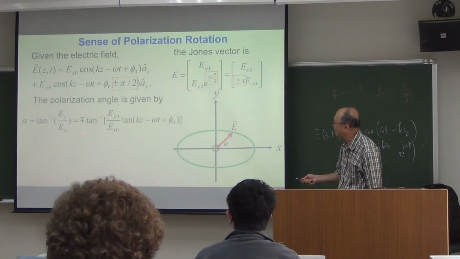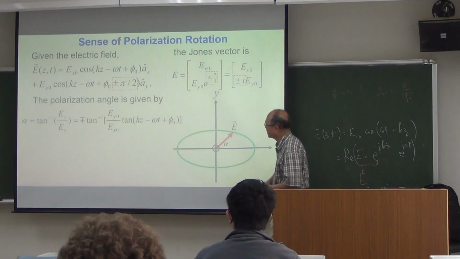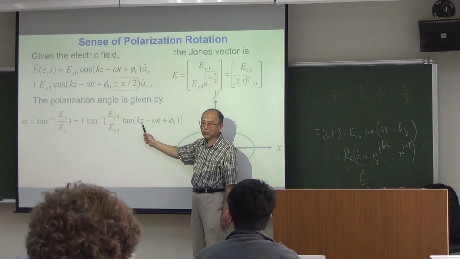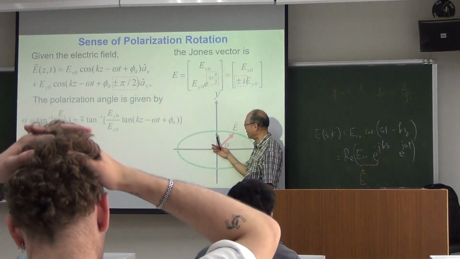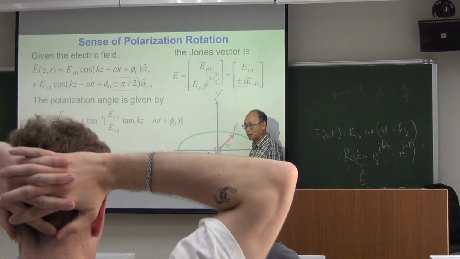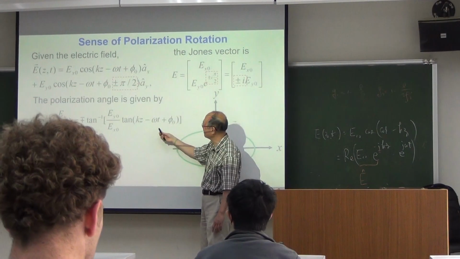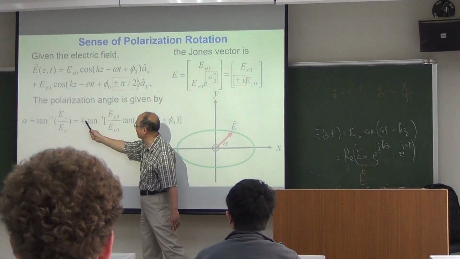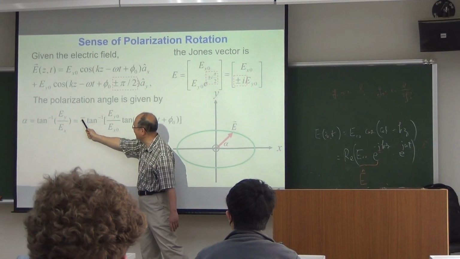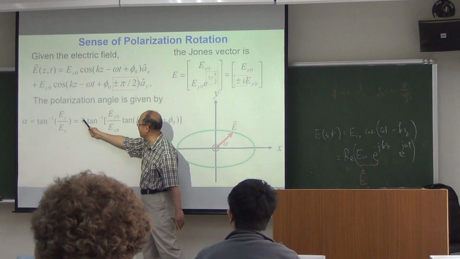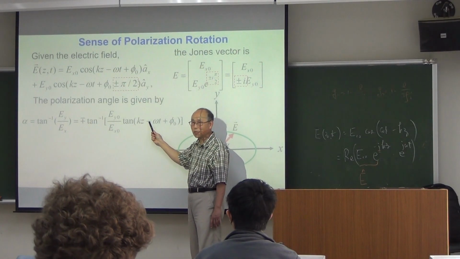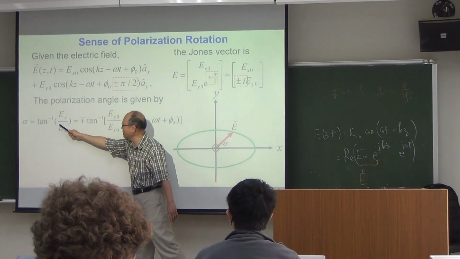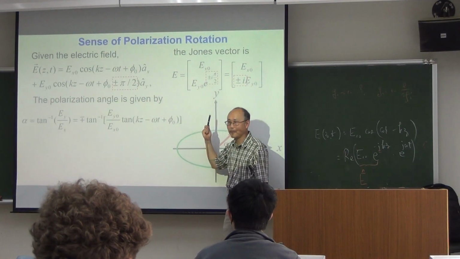Now you have this result. Let's set z equal to 0 to simplify the discussion, and assume that we are standing in this plane. When you have this minus sign, it is going to cancel with this minus sign, so the angle is going to increase with time.